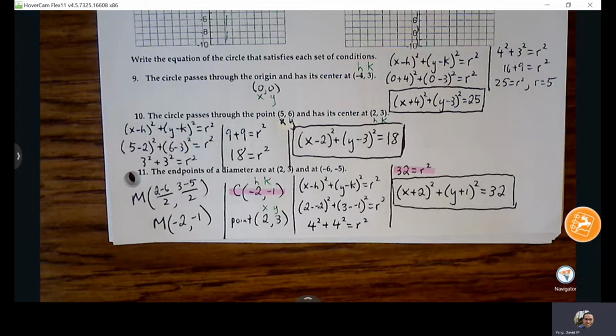Yeah, probably number 11 is the most work intensive because you have to go through midpoint to get to the center, and then pick another point, and then use the equation to get to the radius, and then you can write the equation with your center and your radius.